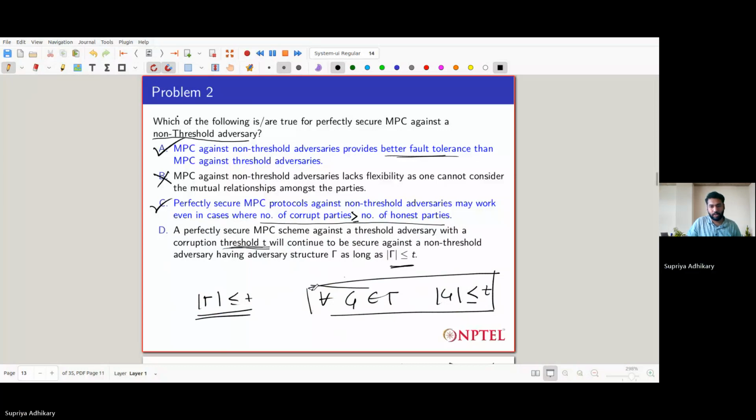So for any G in the adversary structure, the maximal corrupted set has cardinality at most T, and at most T many parties can get corrupted in this adversary structure. So for that case, this would be true. But the condition says that the cardinality of gamma is less than or equal to T.